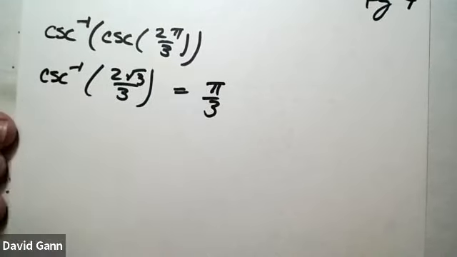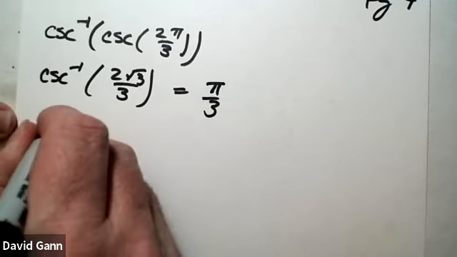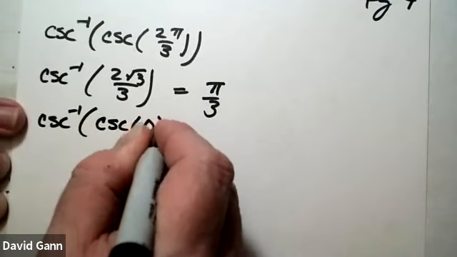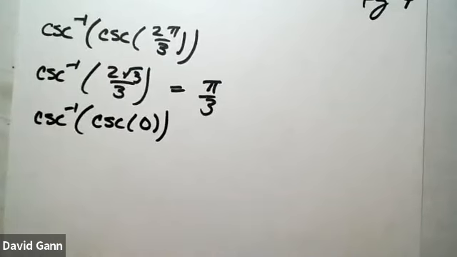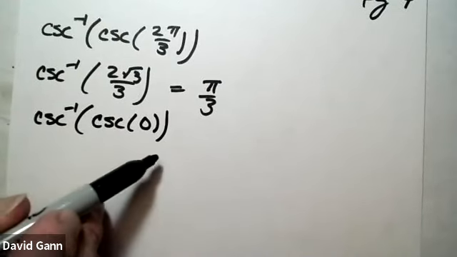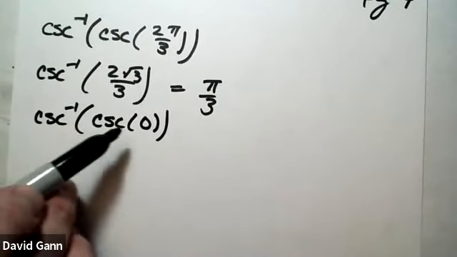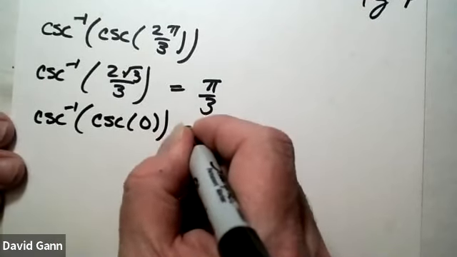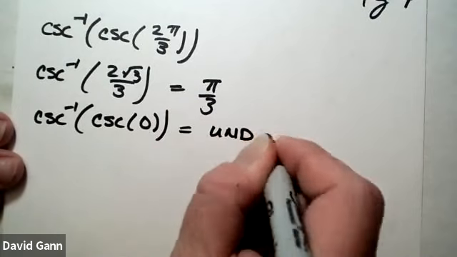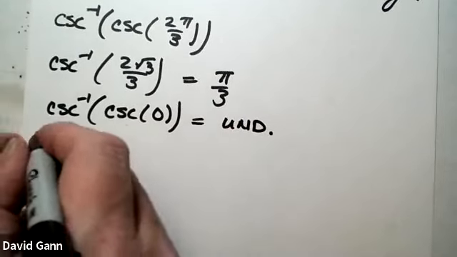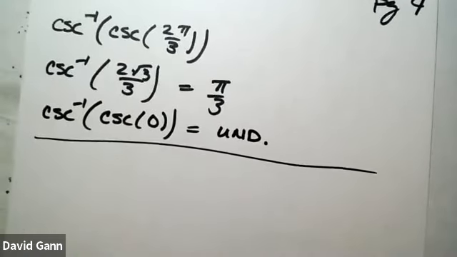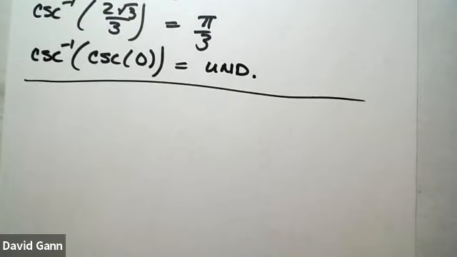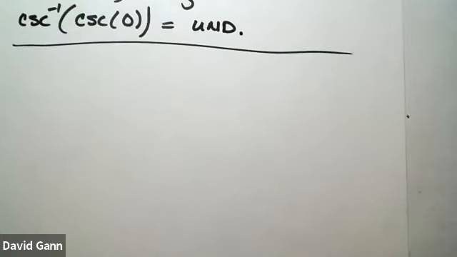For example, inverse cosecant of 0: we know that cosecant of 0 is undefined, and so the inverse cosecant of an undefined ratio is certainly not a defined angle. This is undefined. That was just something I wanted to mention. I probably should have kept it in the previous video, but oh well, here it is. That was already getting a little long anyways.